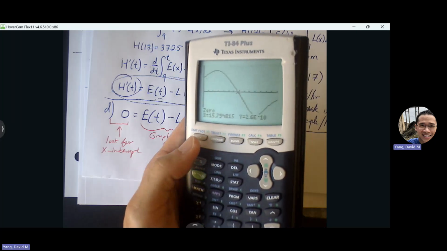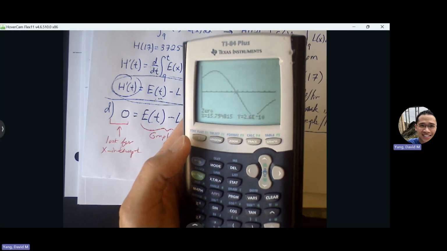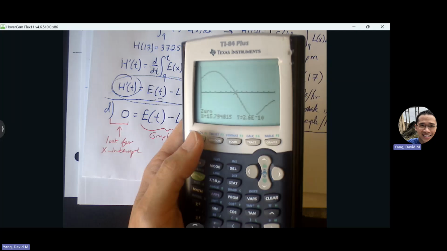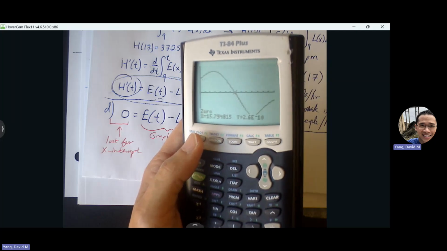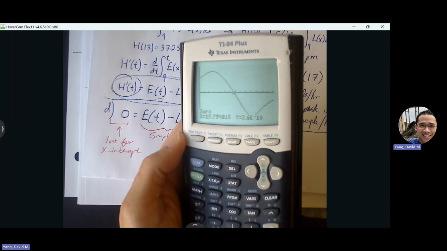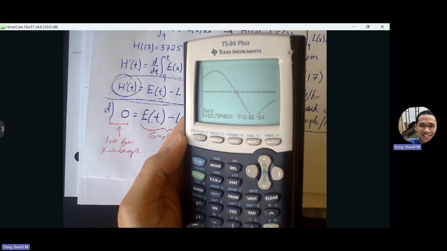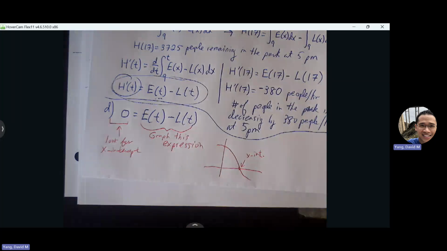We get 15.79, which is around 3 p.m. That's what we expect. It makes sense that for this day, the population is going to reach its maximum around that time. So, part D.